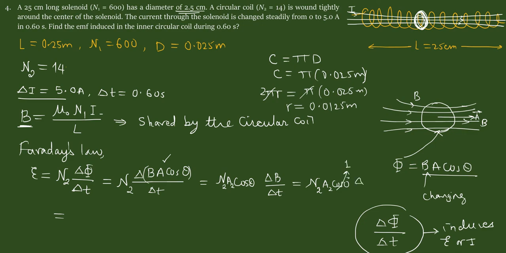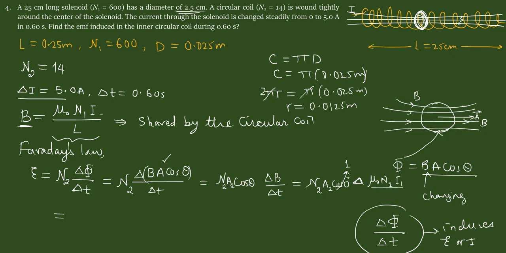And delta B, this magnetic field is again due to the current in the solenoid. So delta of mu naught N1 I over L, over delta T. Now this N is the number of turns in the solenoid. That's why I'm using 1 here, not 2, because that's the number of turns in the solenoid, and that's the current.